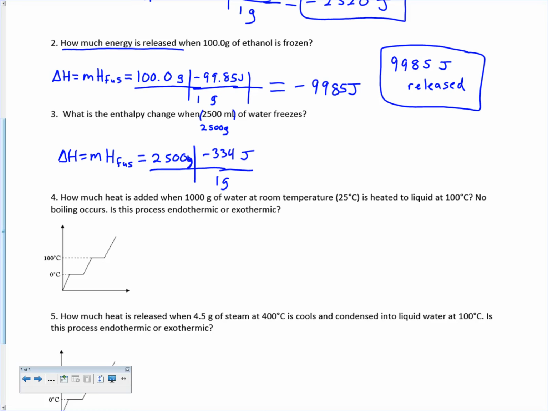Multiply those together, we get negative 840,000 joules. 2 sig figs on that one.